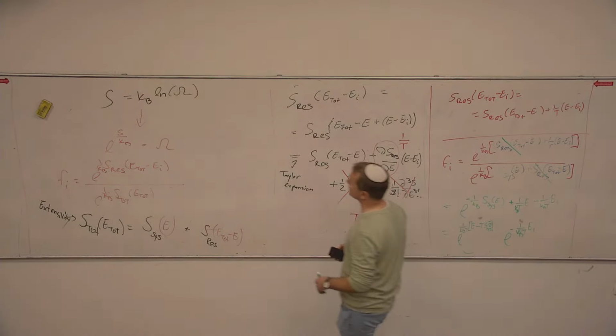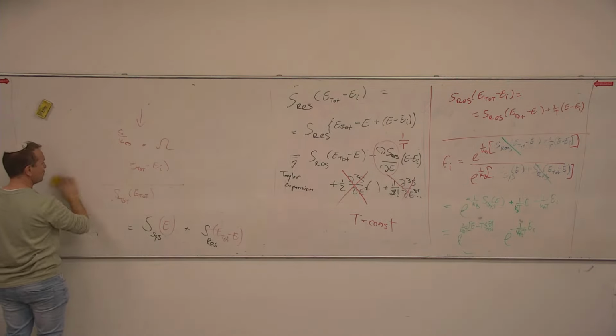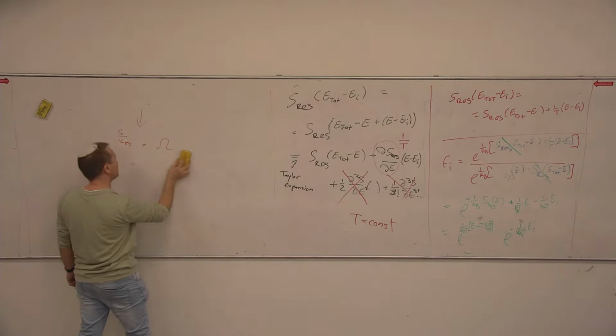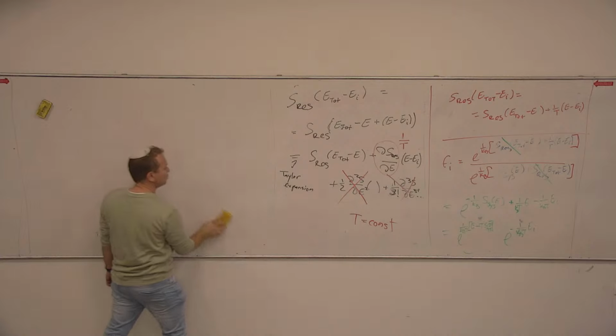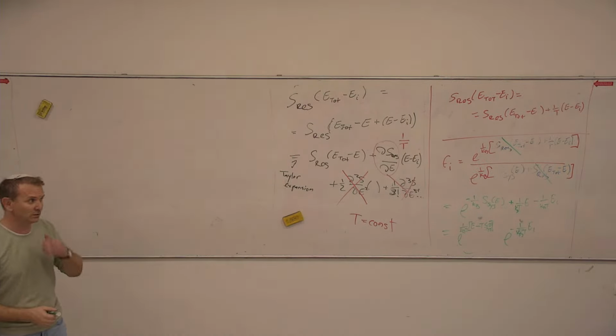And we have a very, very nice formula. What is this formula? If you want to calculate the probability of the system, connected somehow to a heat bath, your reservoir, the temperature of your reservoir is constant.